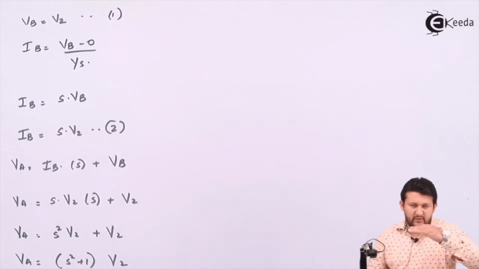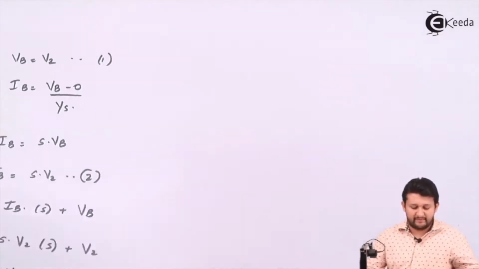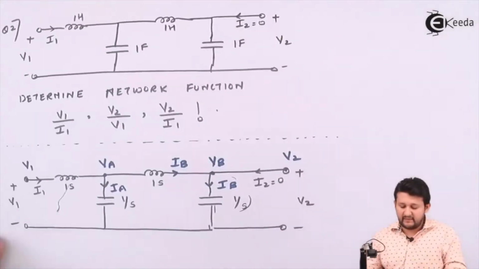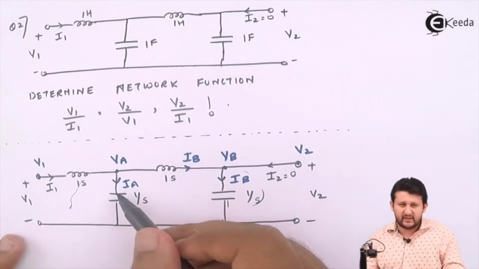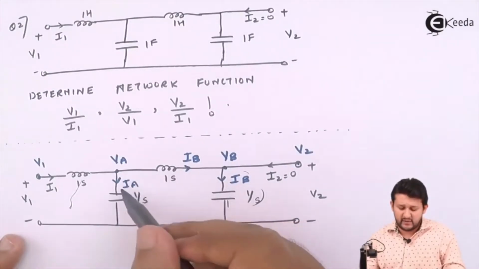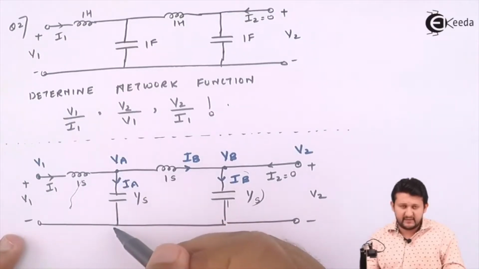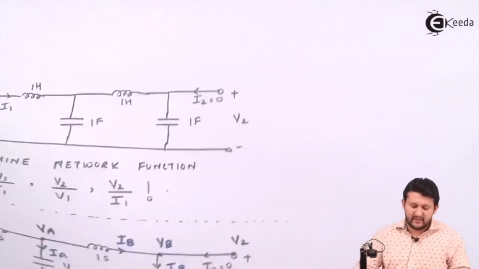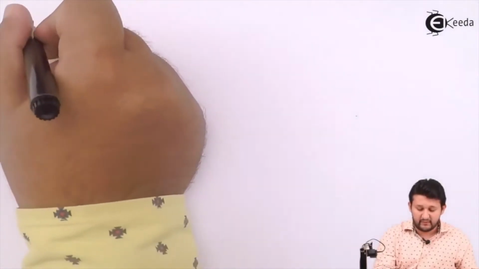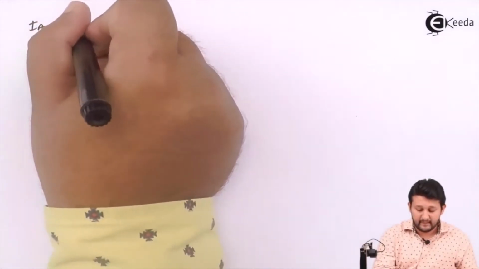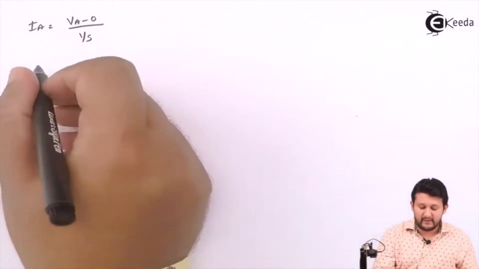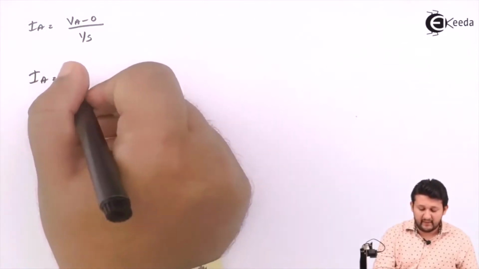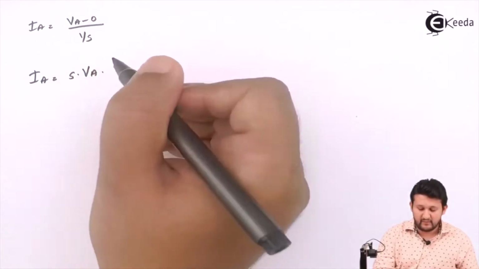This was horizontal. Let's go again with vertical. So for vertical, my dear friends, this will be a vertical, right? So V is equal to IR, I is equal to V upon R, where IA will be VA minus 0 upon 1 upon S. So your IA will be S into VA.